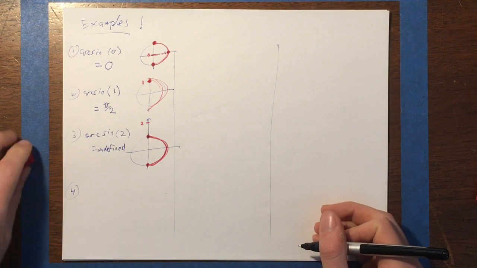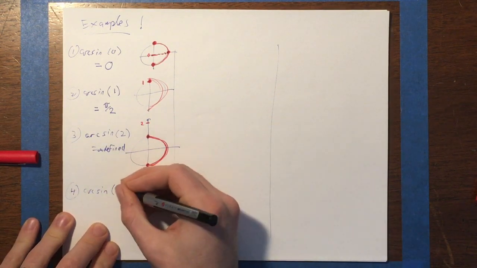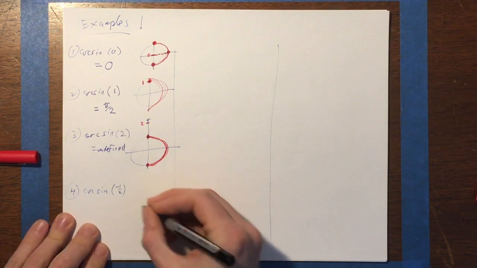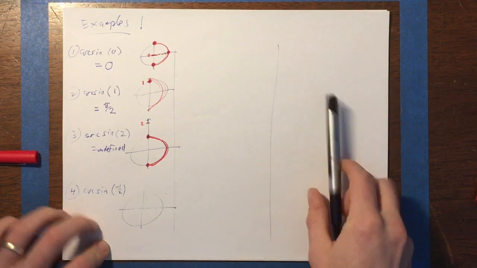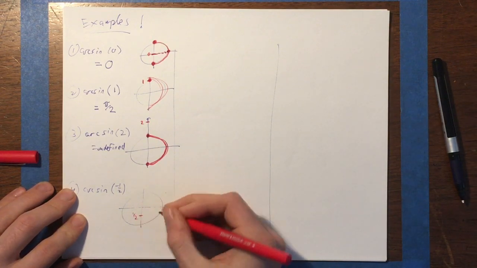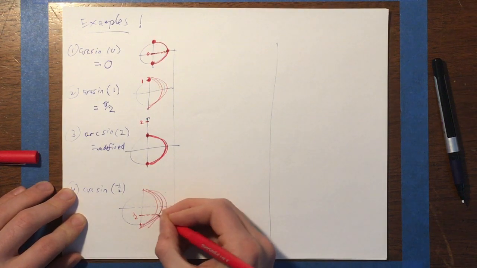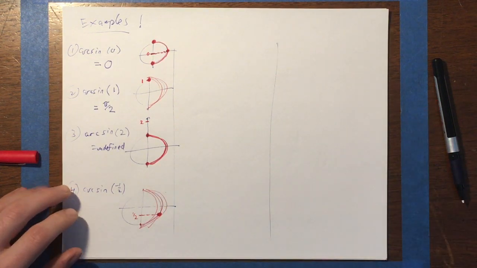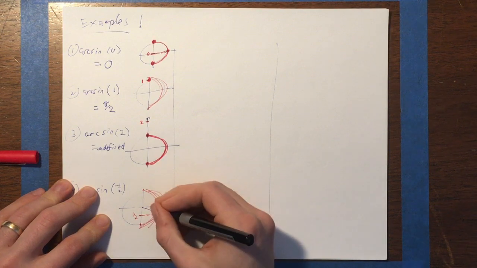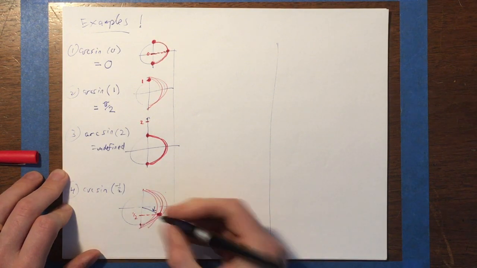So let's do arcsine of -1/2. So here's your circle. Sine being the y-coordinate, we find -1/2 here on the y-axis, and then we want something in this range of values here. So you trace over, and you find a point right there, and then ask the question, what is that angle that gives you the y-coordinate of -1/2?